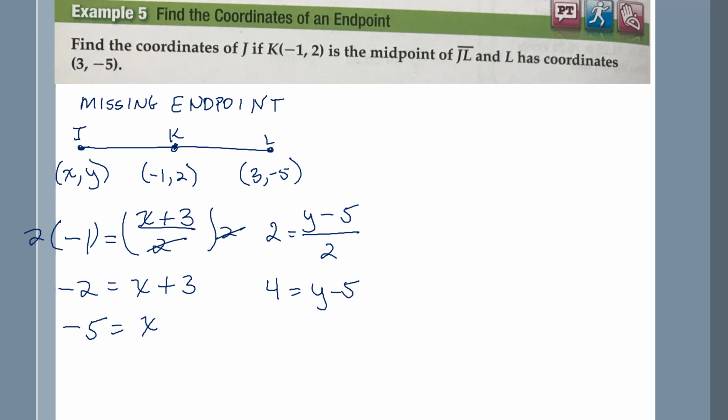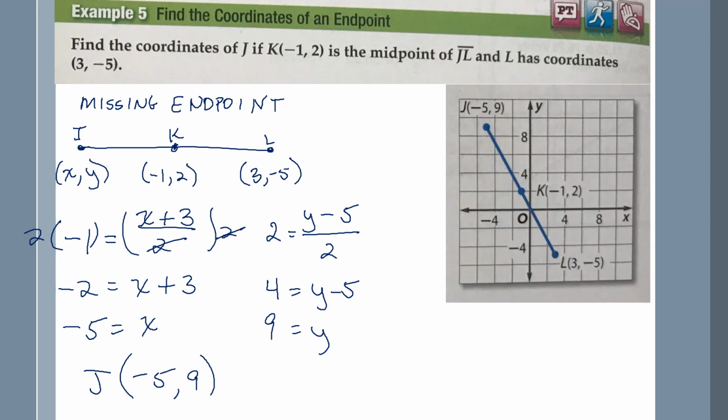I'm going to add 5 to each side, so 9 is equal to Y. So J is at negative 5, 9. And there it is, right on our diagram.